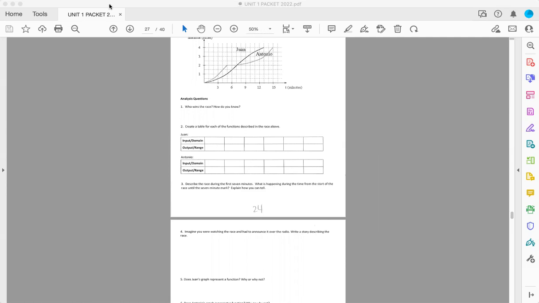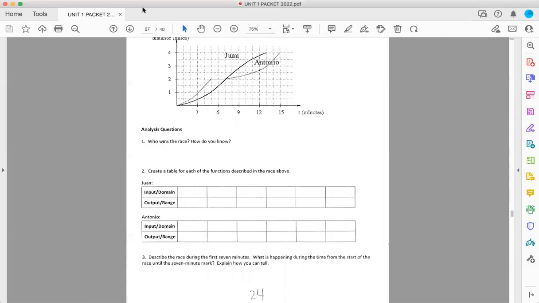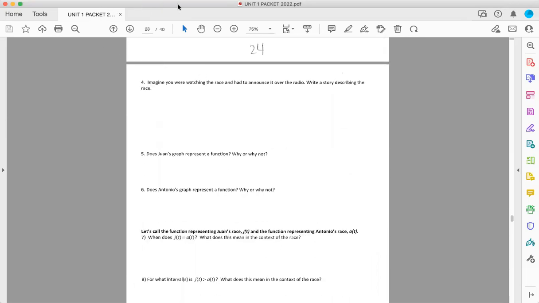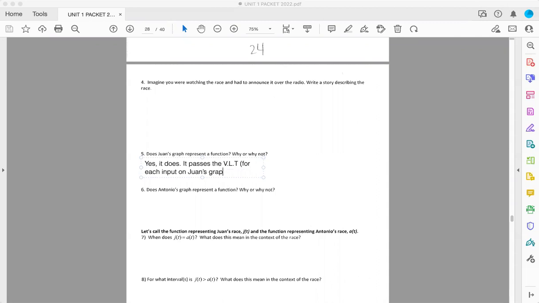So let's go back to the question. The question was, does Juan's graph represent a function? We can say yes, it does. It passes the vertical line test, or you can also say for each input, which is time, on Juan's graph, there is at most one unique output. And the reason is going to be the same for Antonio.